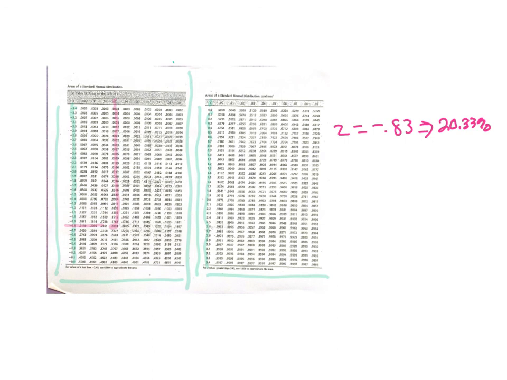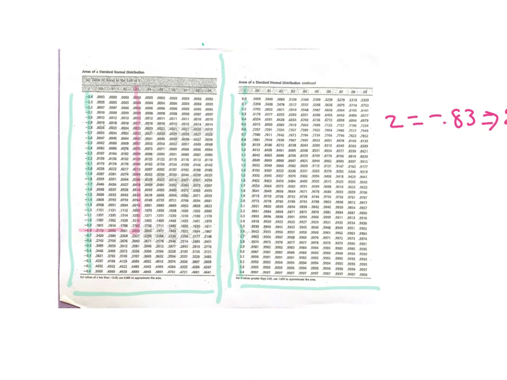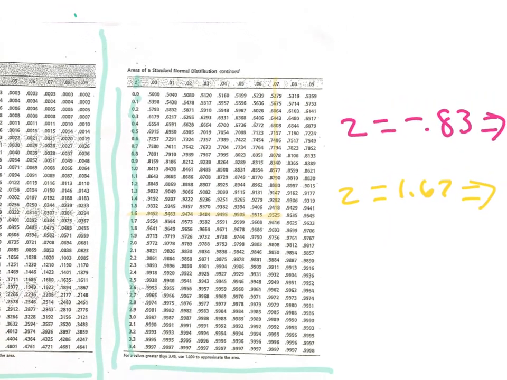So let's go back. Let's scoot over to the table, and a z-score of 1.67, think about what that means. We are 1 2/3 standard deviations above the mean because it's positive. So we want to move over to this side of the table, and we're looking for 1.6, and we want to scoot over until we are looking at where the 0.07 lines up, to take a look at that.